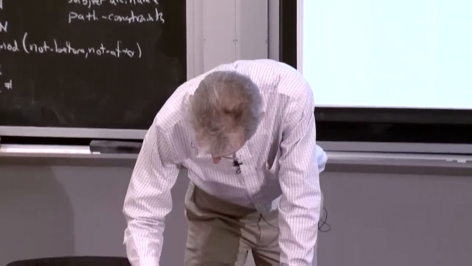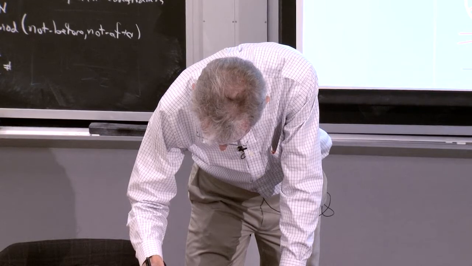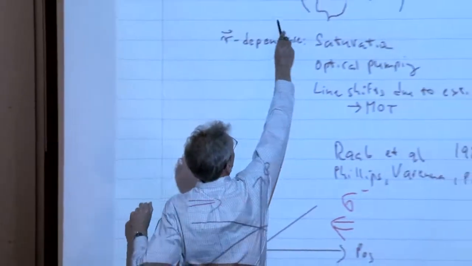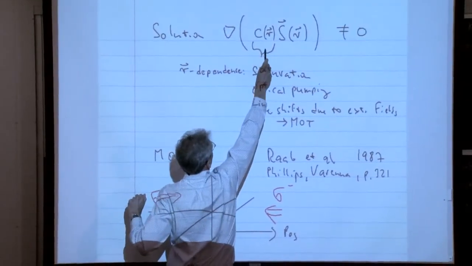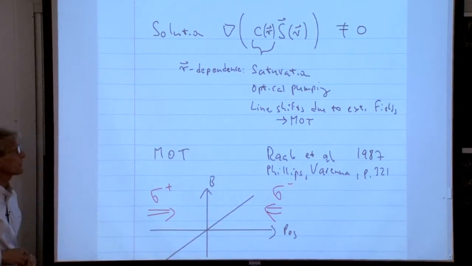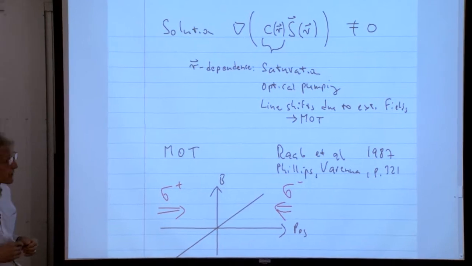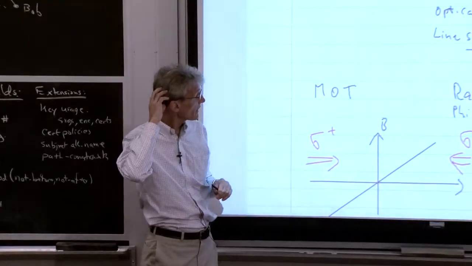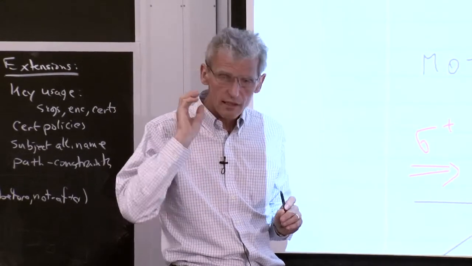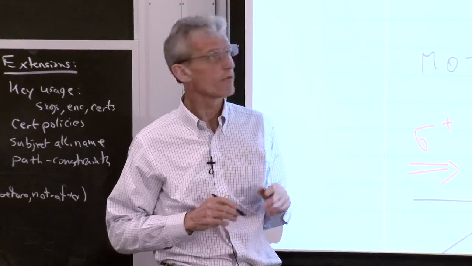So the solution is that if the C parameter is spatially dependent, then we can have a divergence and then we can do trapping. And it was actually Dave Pritchard in 85 or 86 who wrote a really influential paper. He said the optical Earnshaw theorem can be circumvented.